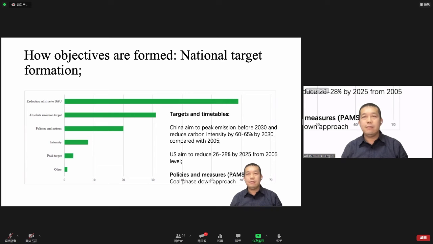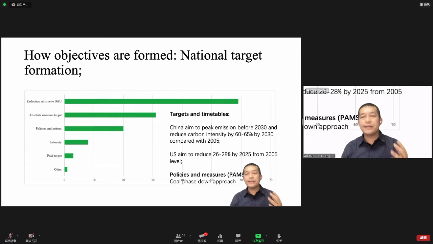The target is about peaking emission and carbon intensity. The timetable is 2030. And the United States aims to reduce 26 to 28% by 2025 from 2005. So the target is 26 to 28, and the timetable is 2025. Besides this target and timetable, there is also another approach called policies and measures.